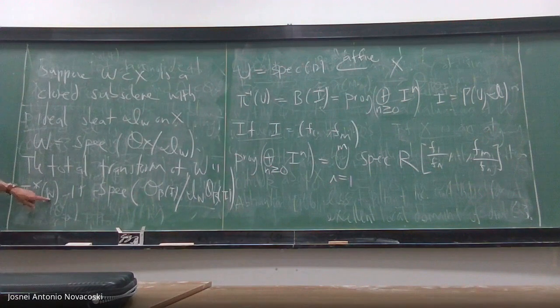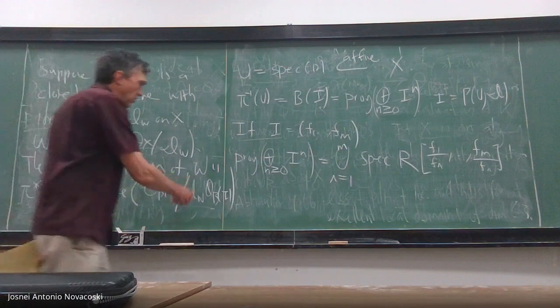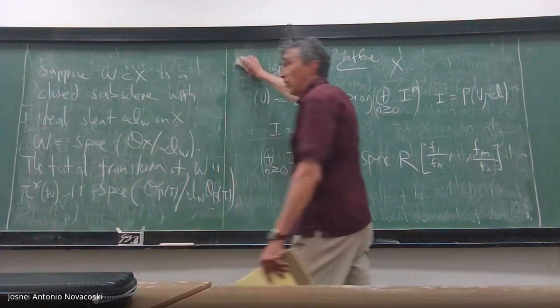Set theoretically, you're just looking at everything above W. But the structure of this ring could be really terrible.